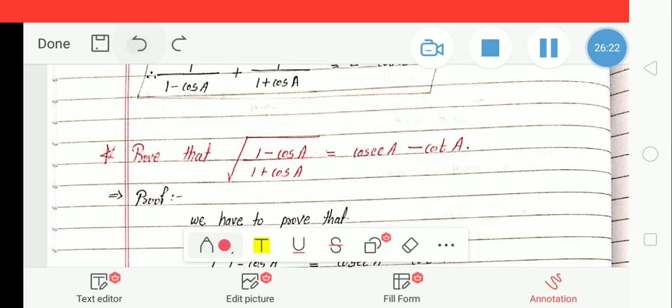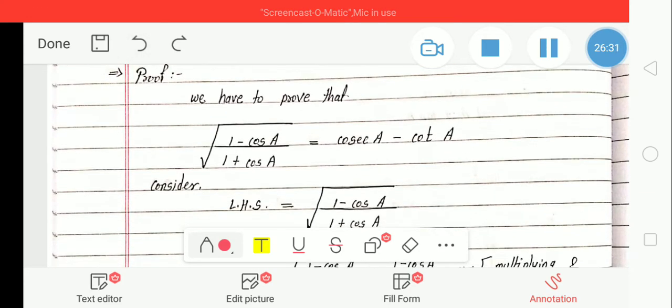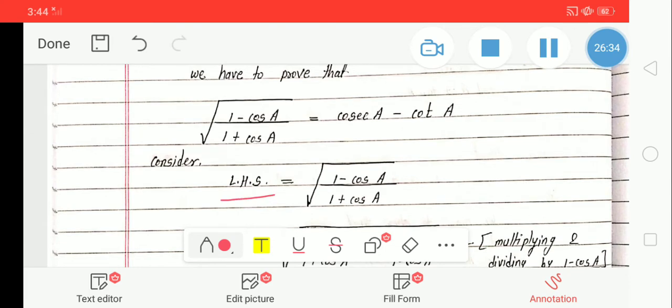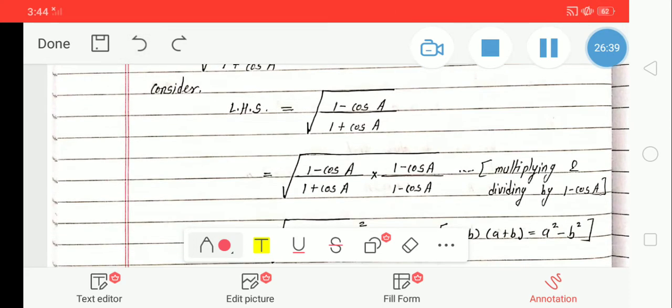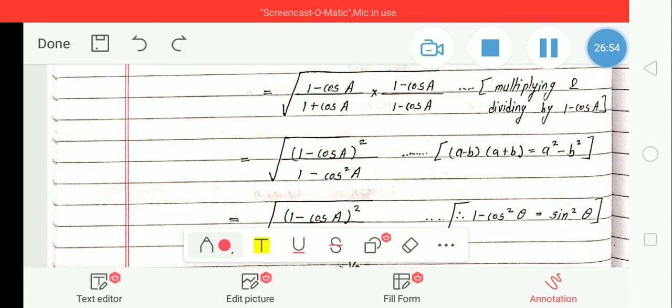Now to prove that under root 1 minus cos A divided by 1 plus cos A is equal to cosec A minus cot A. Now again take LHS, under root 1 minus cos A divided by 1 plus cos A. Now here we multiply and divide by 1 minus cos A. Then here both are the same, so we take the square, and here plus and minus, so A minus B times A plus B is equal to A square minus B square.